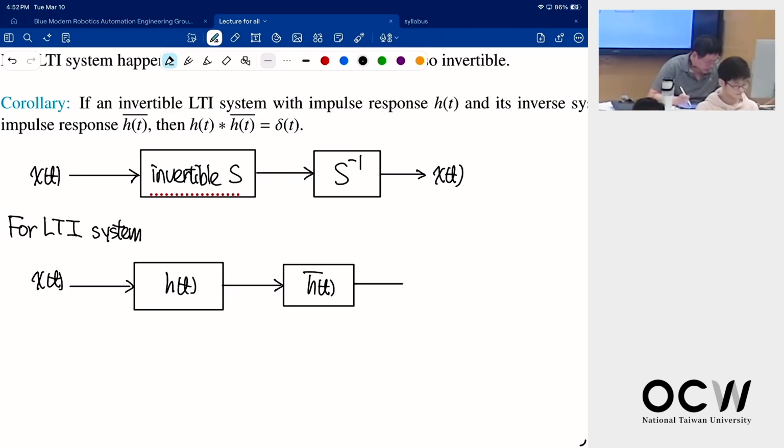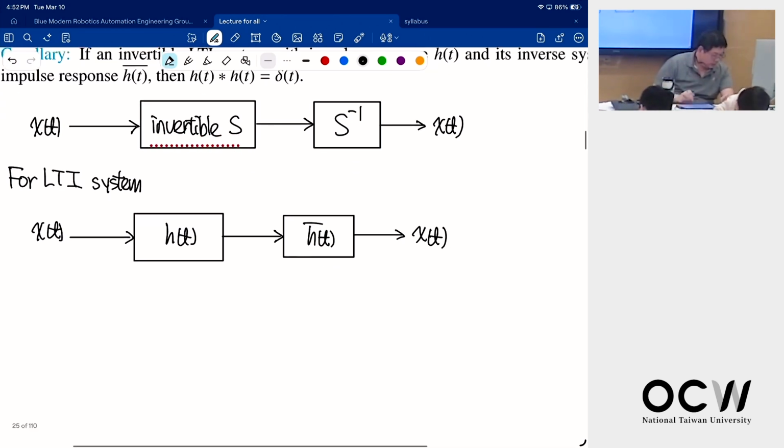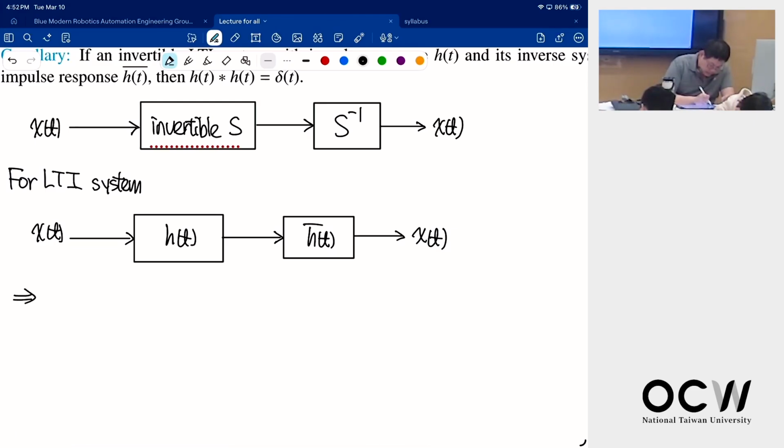I should get x back. So that means x convolved h, and then convolved h bar, it should be x.